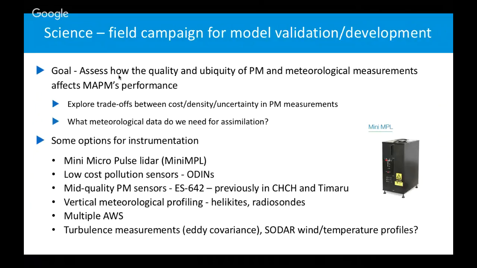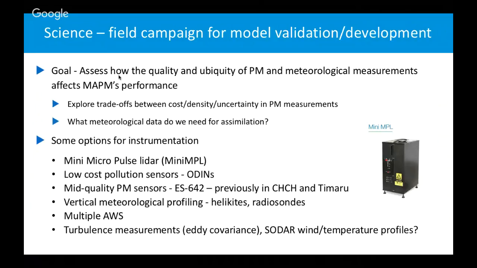Are you better to have 50 low-cost sensors? Are you better to have 100 ultra low-cost sensors? Are you better to have one micropulse LiDAR there, which is giving you a vertical profile, or maybe scanning, giving a 3D field, but not at the surface? So what combination of measurements gives you the best retrieval?